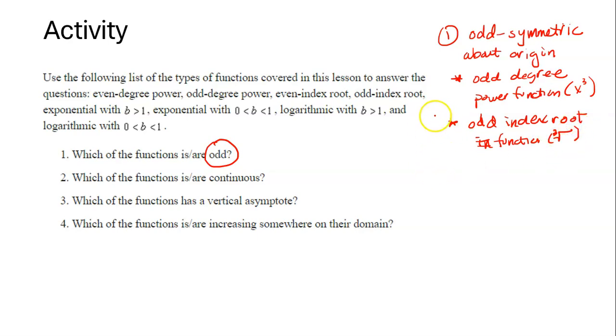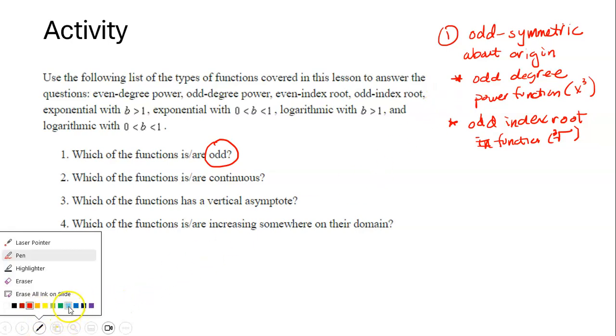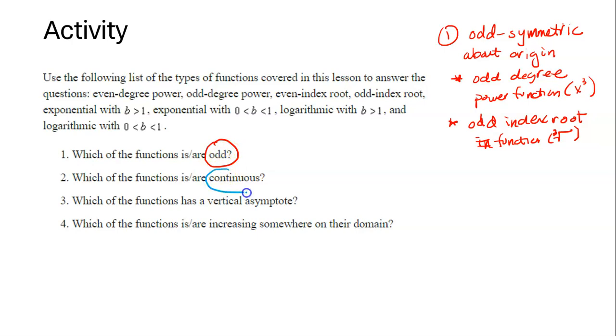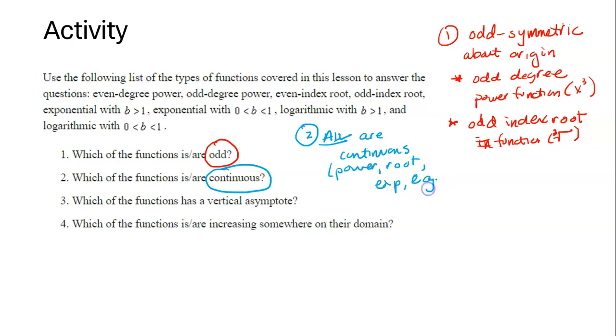Okay, those are the two odds that we have. Let me change colors. Continuous. Okay, so number two is continuous, and all of the functions in this lesson are continuous. All of the power, root, exponential, and log functions, no matter what the constraint is, if it's greater or less than 0 or 1 or whatever.